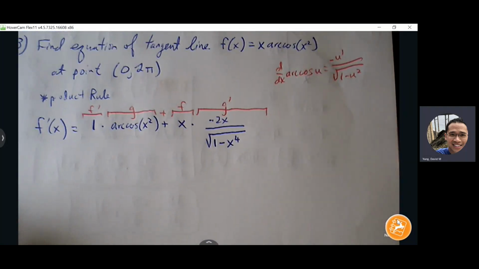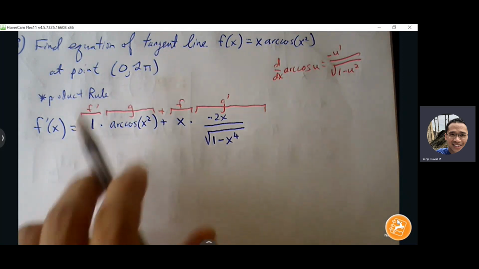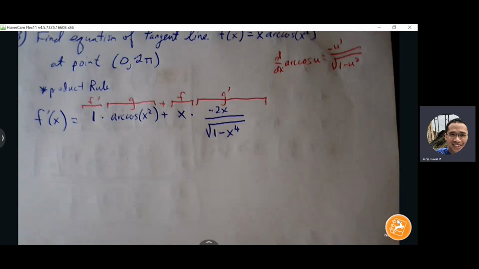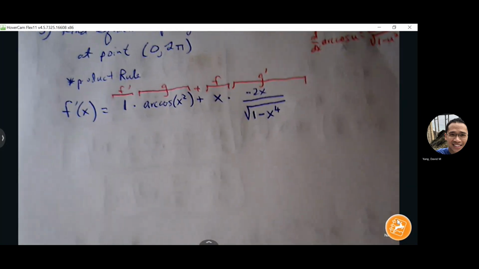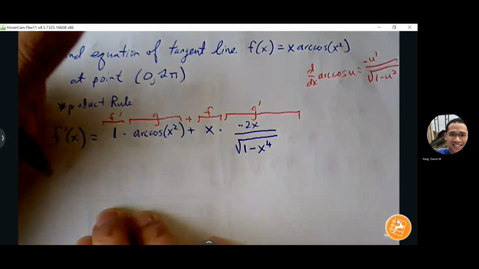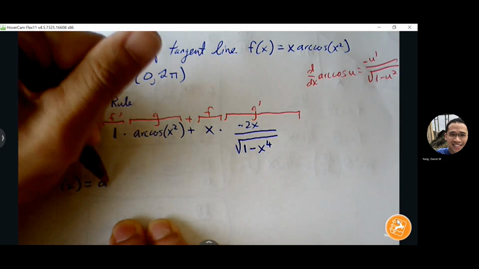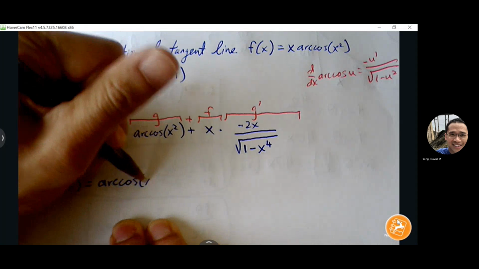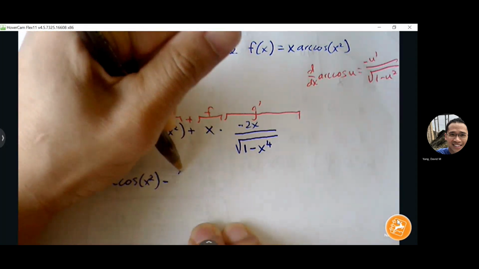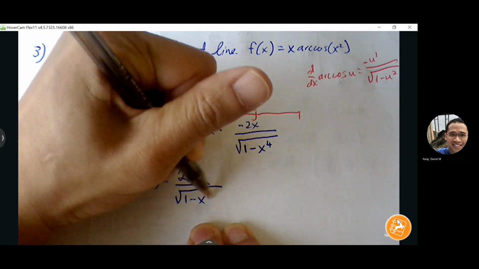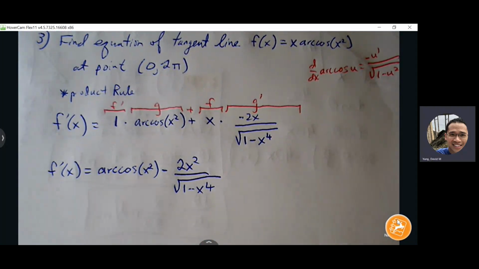Okay, let me just do a little bit of cleanup and then we can start inserting our x value in and try to get this down to a number, and that number will be our slope. Okay, so there's my cleaned up derivative.